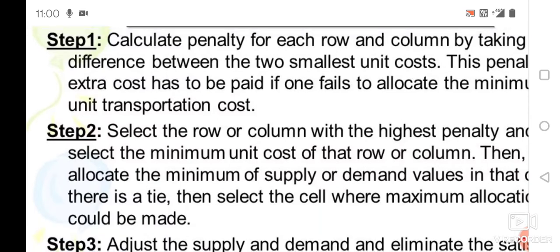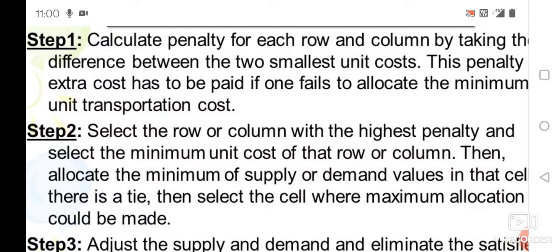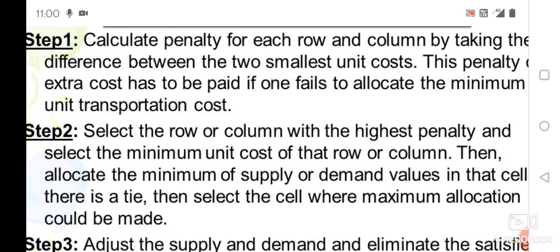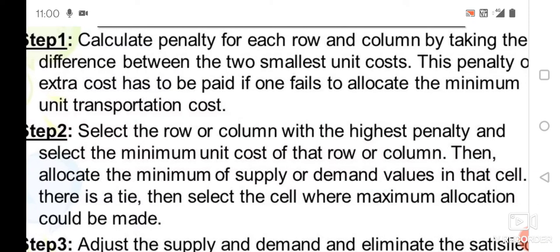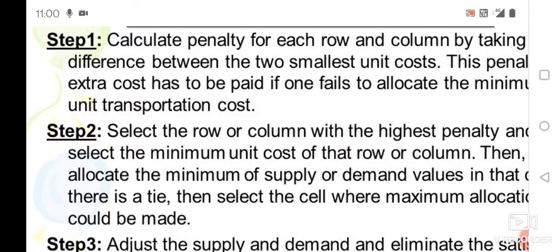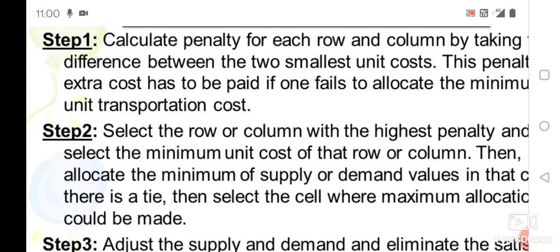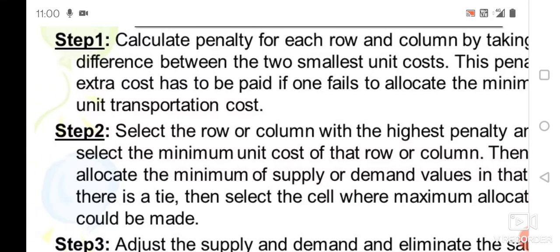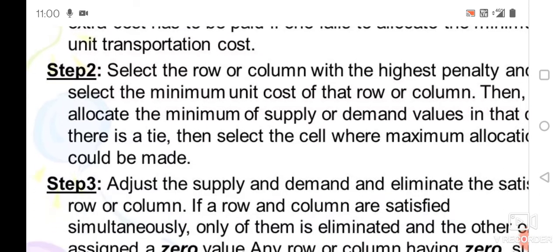Second step, select the row or column with the highest penalty and select the minimum unit cost of that row or column. Then allocate the minimum of supply or demand value in that cell. If there is a tie, then select the cell where maximum allocation could be made.